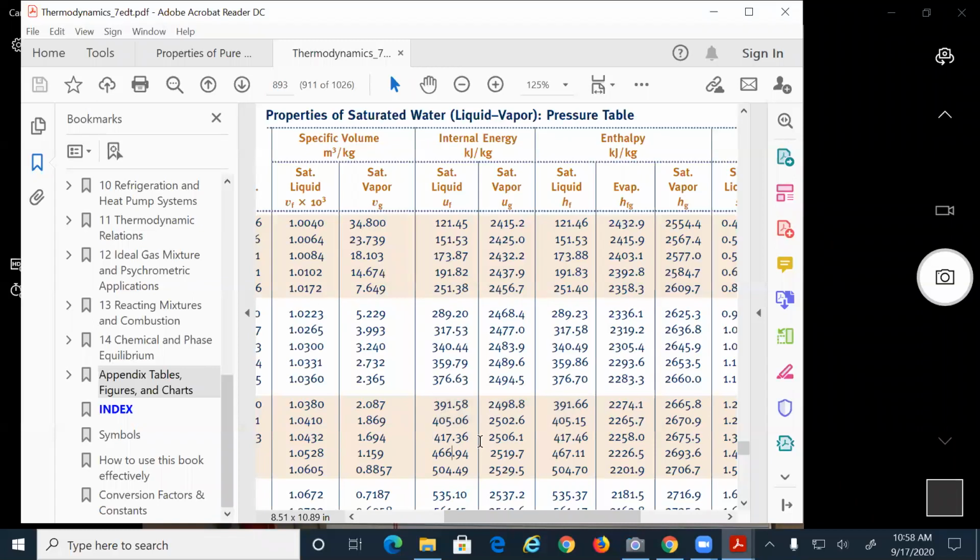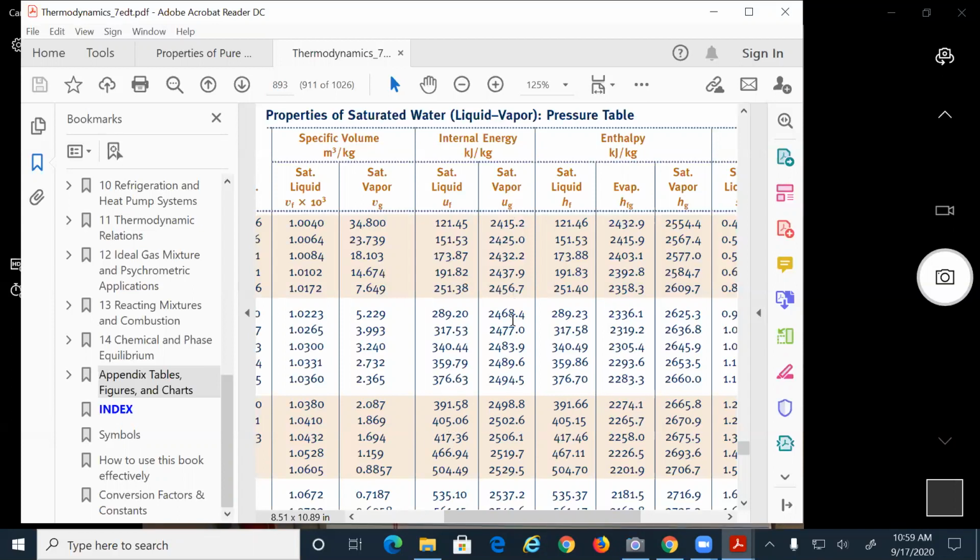Let's say the problem asks what is the amount of heat you need in order to boil 1 kilogram of water? You will have, like the equation we derived, Q equal to M times U final minus U initial, no? So what will be the U final?